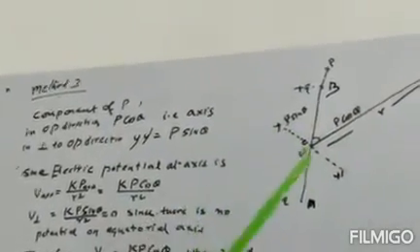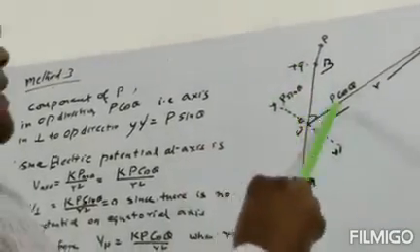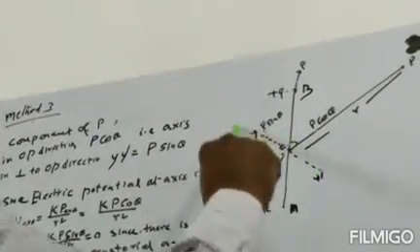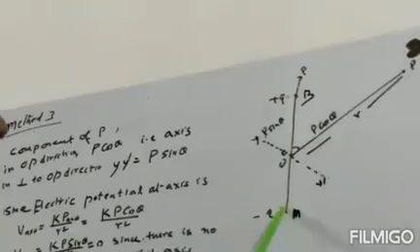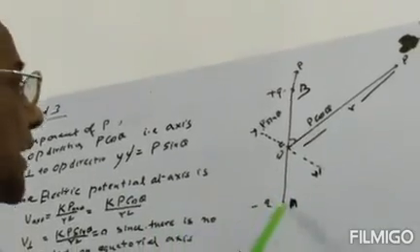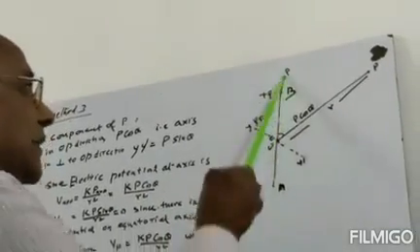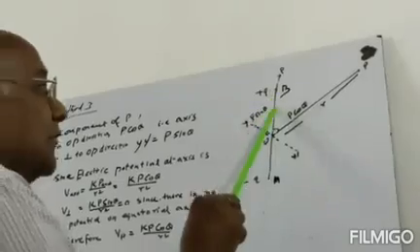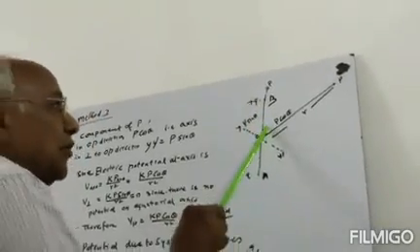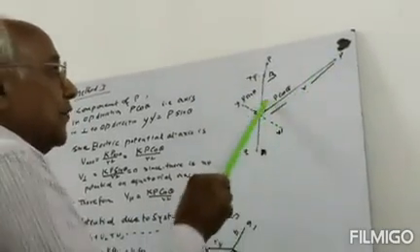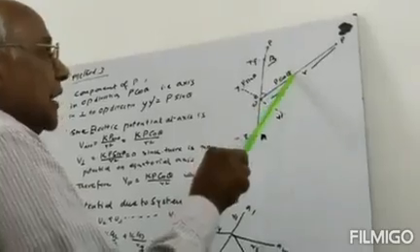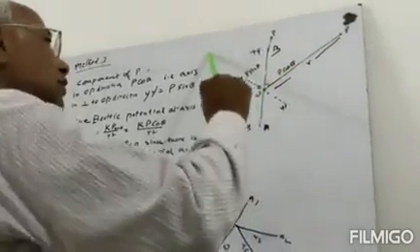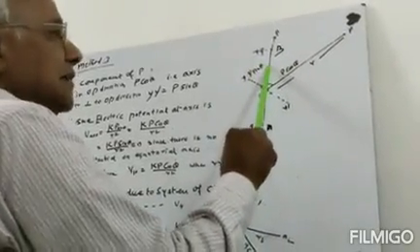If we take a perpendicular to this OP, this is y dash. Now the component of the dipole moment in the direction OP will be equal to P cos theta and in the direction perpendicular to this it is P sin theta.